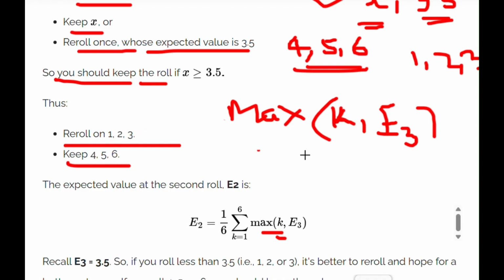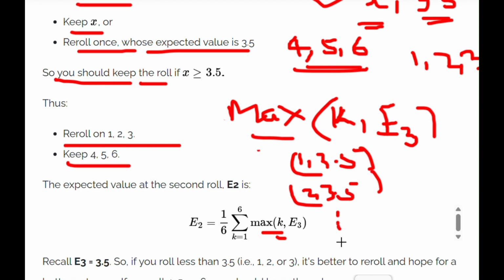K is what we roll in our second turn, and E3 is the expected value from the third turn. So we are saying we take the max from these two. K can take a value from 1, 2, 3 up till 6, and E3 is 3.5. So this becomes max of 1 and 3.5, or max of 2 and 3.5, till max of 6 and 3.5, each with a probability of 1 by 6.